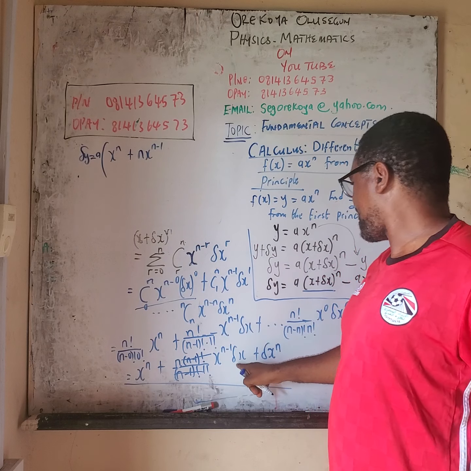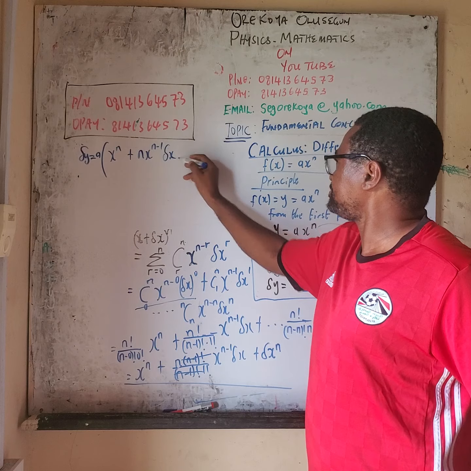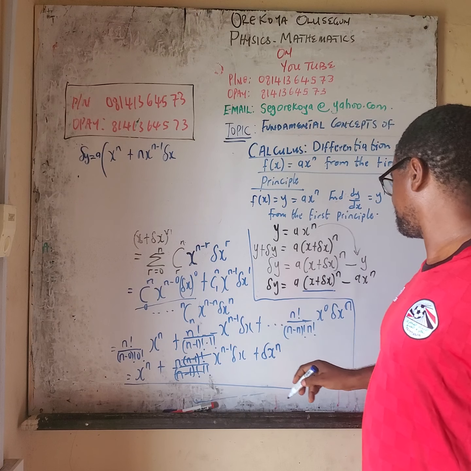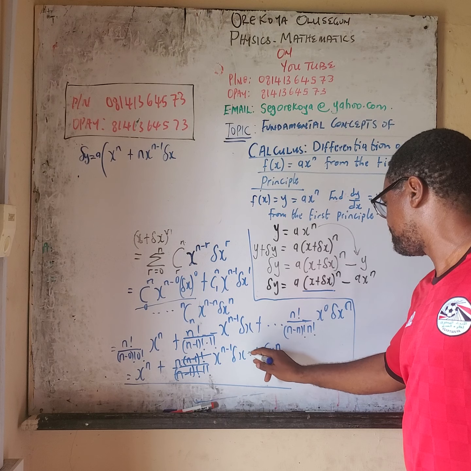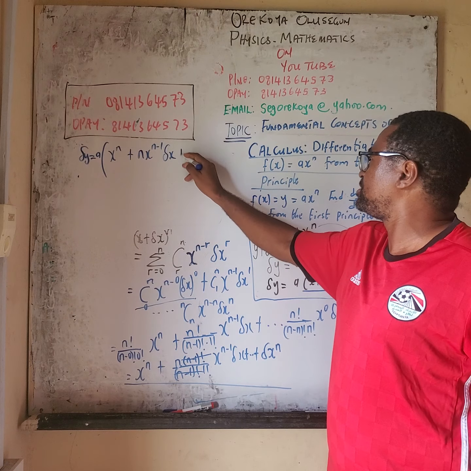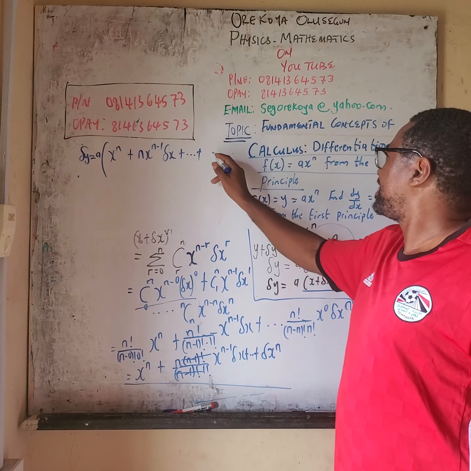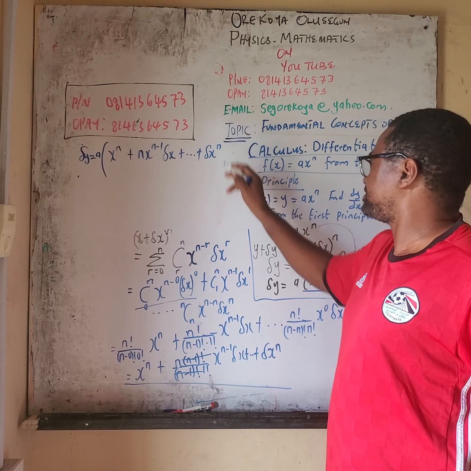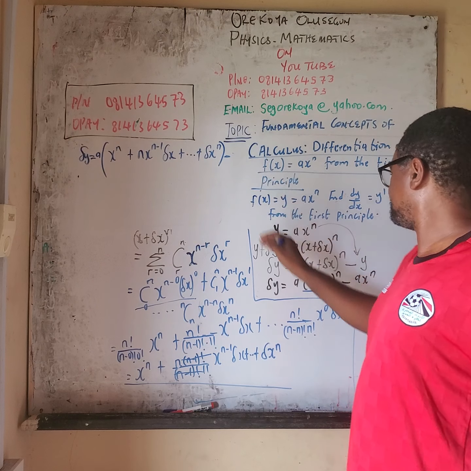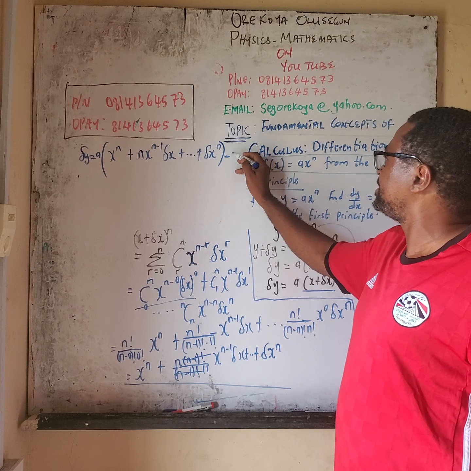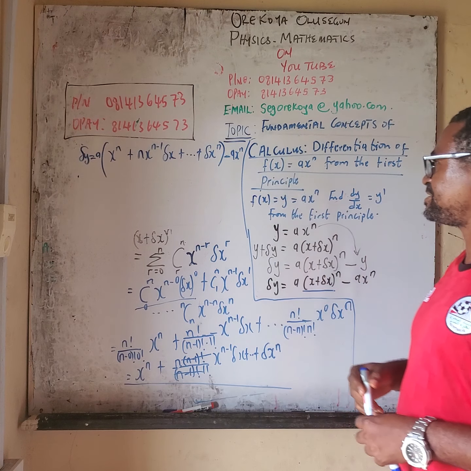Then I have a delta x. Then, you know, this place is supposed to be dot dot dots, up to dot dot dots. We are going to add it. So I'm going to say plus dot dot dot plus delta x raised to power n. Then minus what I have here, ax raised to power n. So take note of that.